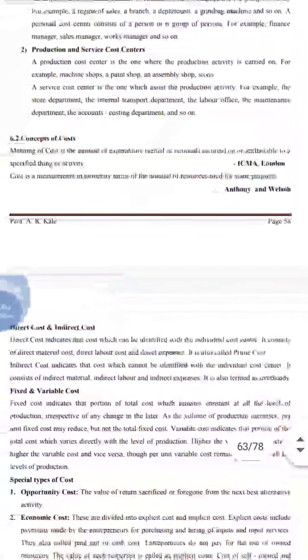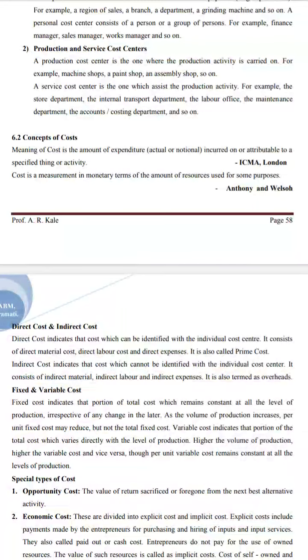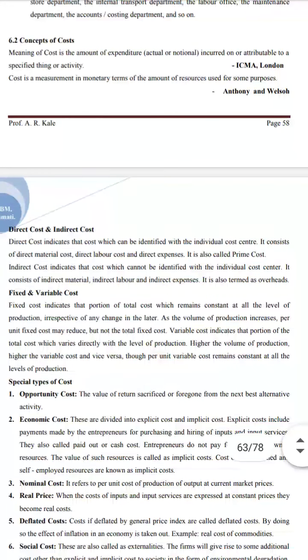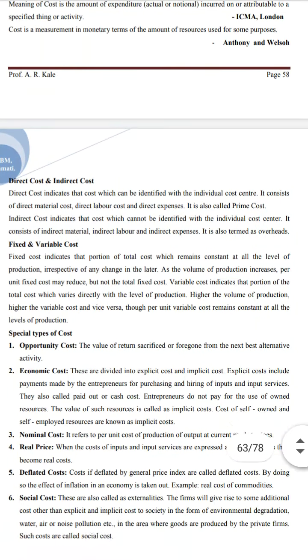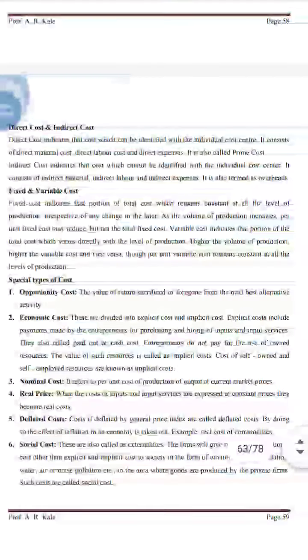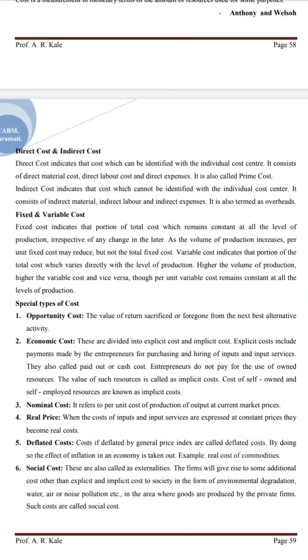Okay, there are mainly two types of cost: direct cost and indirect cost, and fixed and variable cost. Direct cost means the cost which is identified with the individual cost centers.